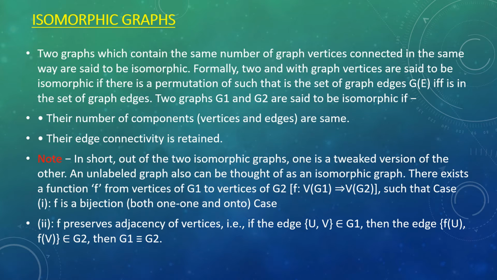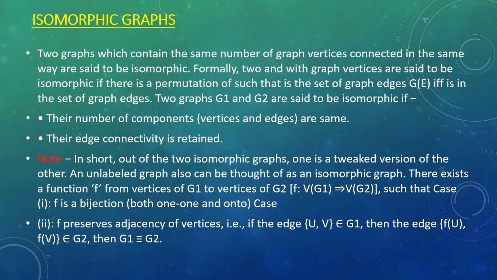Two graphs G1 and G2 are said to be isomorphic if their numbers of components, vertices and edges are same, and their edge connectivity is retained. Note, in short, out of the two isomorphic graphs, one is a relabeled version of the other. An unlabeled graph can also be brought to the same isomorphic graph.